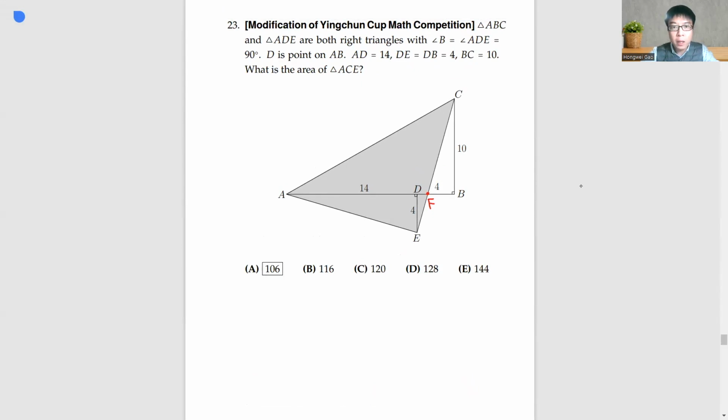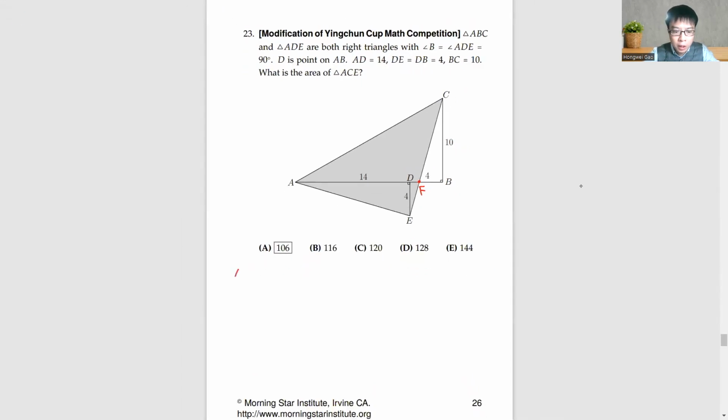To solve for F, we can use similar triangles. It's easy to know that triangle EDF is similar to triangle CBF. Based on the common ratio, we have DE over CB equals DF over BF. We know the ratio is 4 to 10, which is basically 2 to 5.